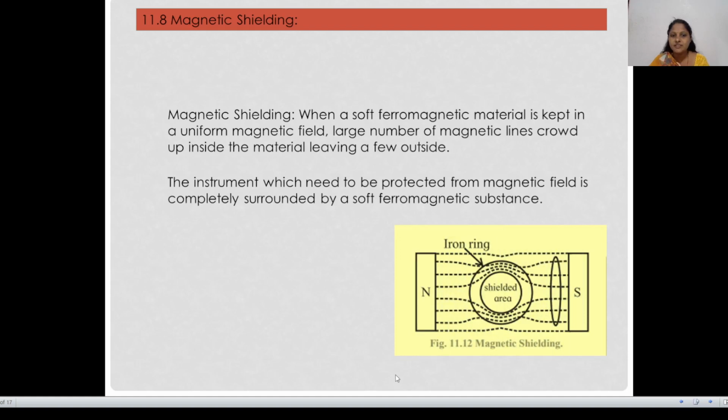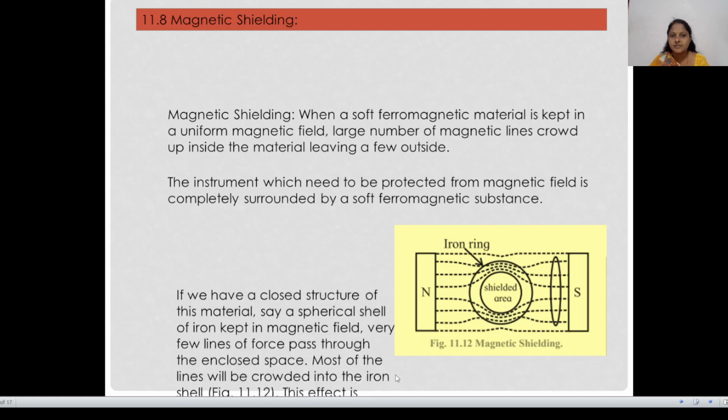I am showing here the figure of magnetic shielding, given with a north and south pole, and an iron ring. The shielding area is there, and here the material is a soft magnetic substance.